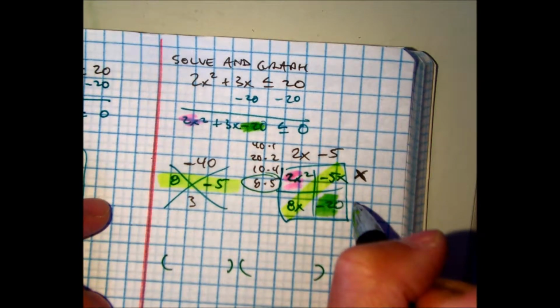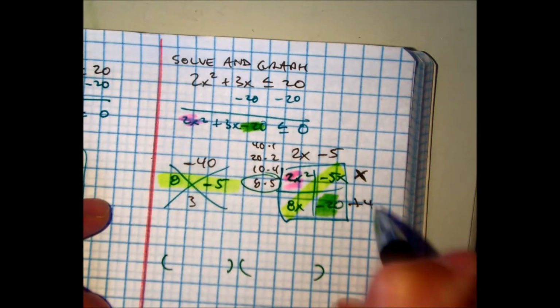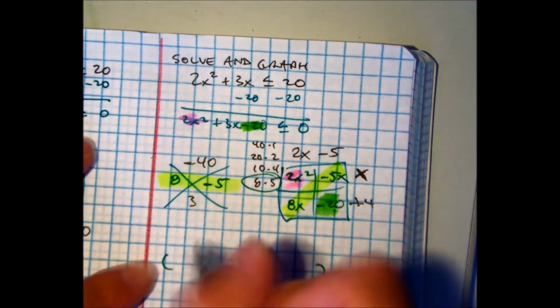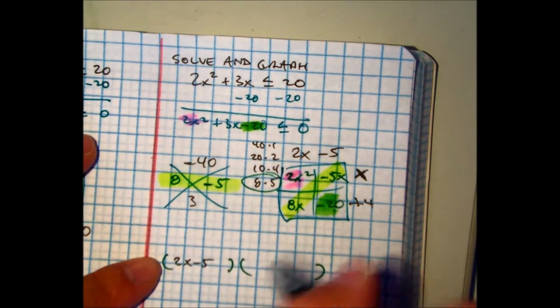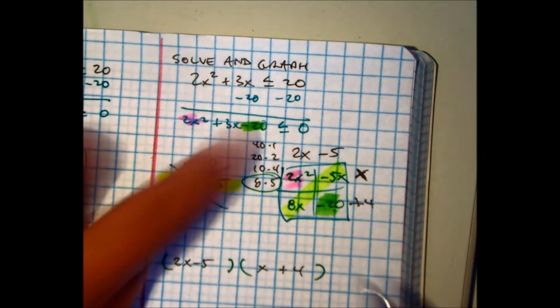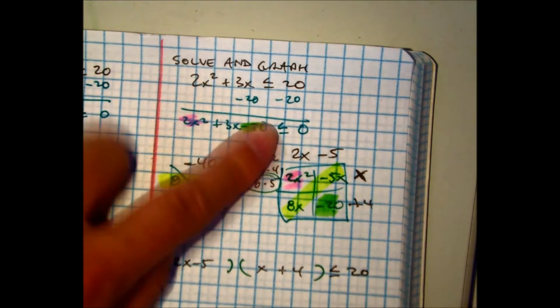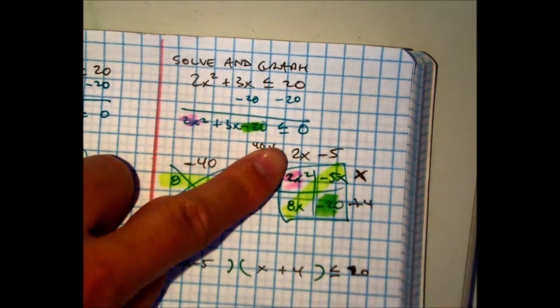And over here. Plus 4. I would have put this over here, but I ran out of space. We're okay? So 2x minus 5, x plus 4 is less than or equal to 0.